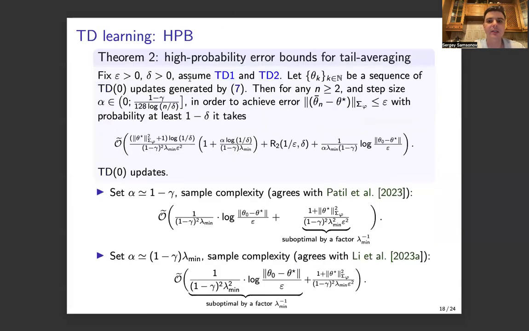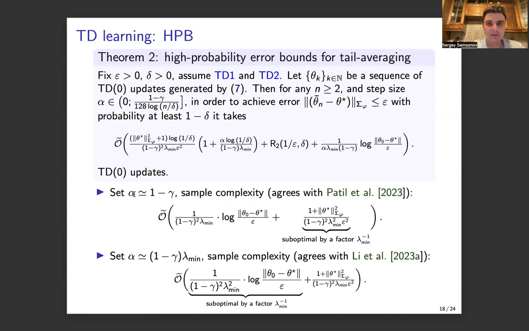We can show that the Polyak-Ruppert averaged procedure under the assumptions TD1 and TD2, for the step size alpha, which scales as 1 minus gamma divided by logarithm of n divided by delta, is sufficient in order to achieve the error in the weighted Euclidean norm associated with Sigma_phi less than epsilon with high probability, with the number of iterations given on the slide.